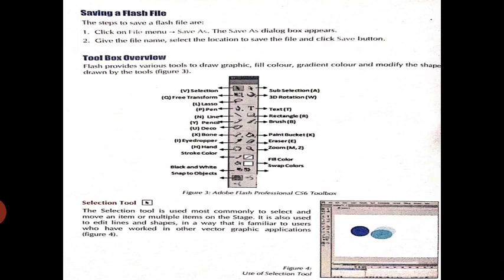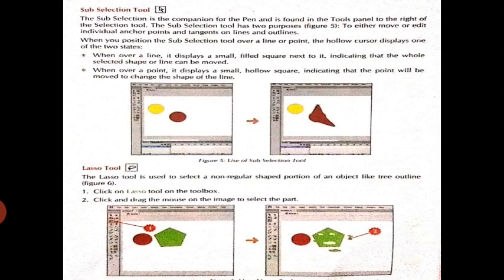Okay children, let's take another tool, the sub selection tool. Sub selection tool is the companion of the pen and it is found in the tool panel, on the right side of the toolbox. It is used to edit or move individual anchor points.